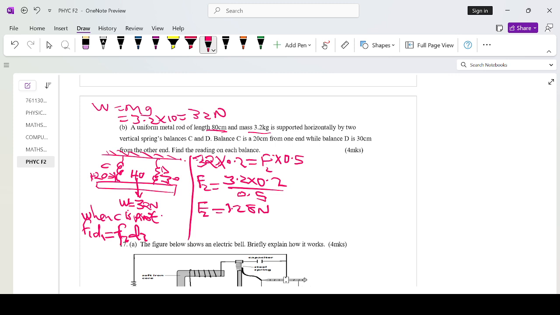Then the pivot being at 40 will also be, if C is the pivot and I treat the weight of this metal block as force 1, force 1 will be 32 times its distance from the pivot, which is 20.